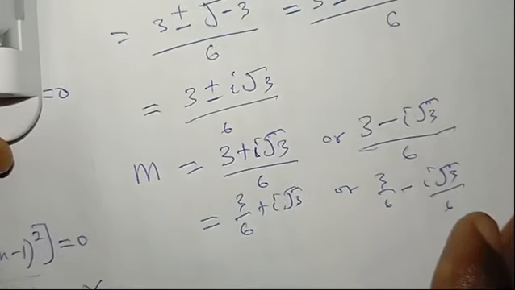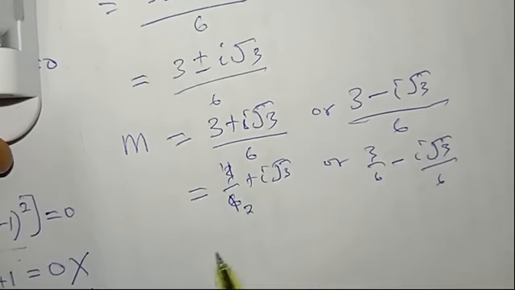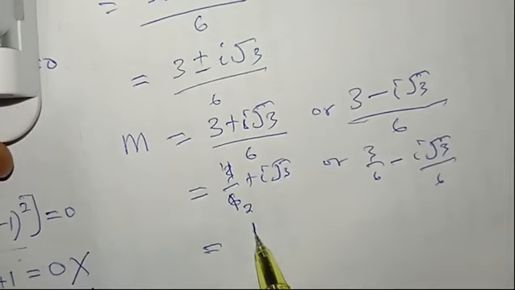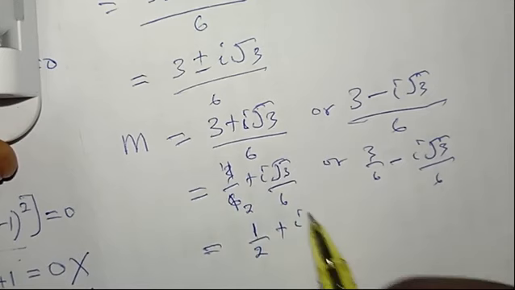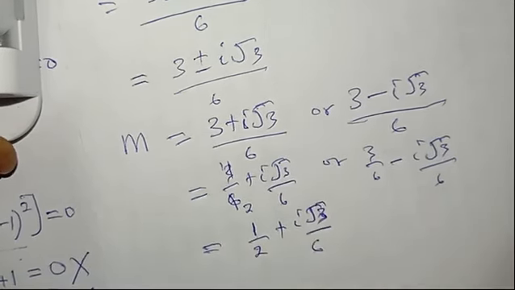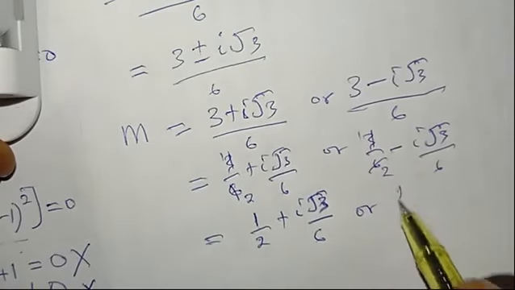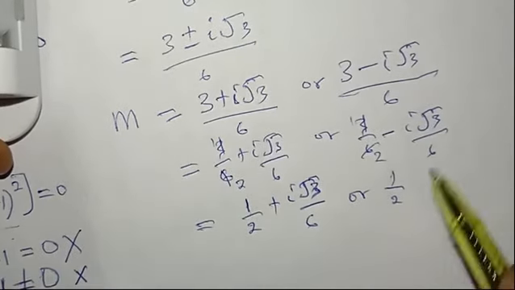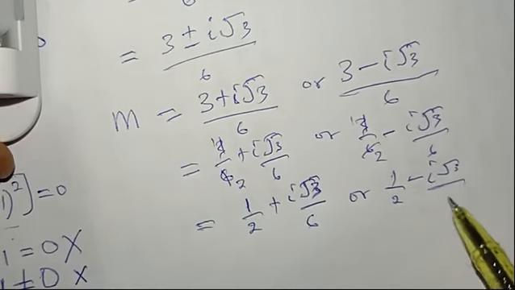You can also divide, so that 3 divided by 6 here will give 1 over 2. So m eventually becomes 1 over 2 plus i root 3 divided by 6, or 1 over 2 minus i root 3 divided by 6.